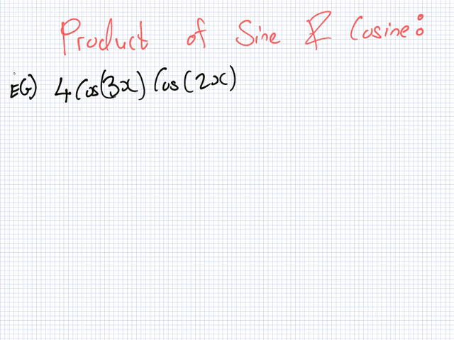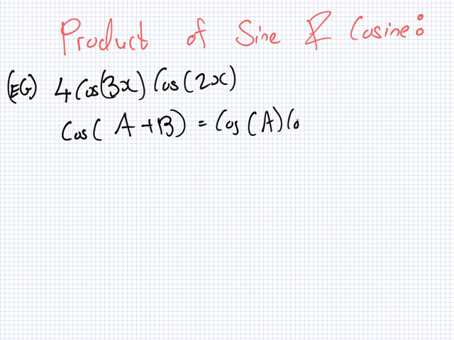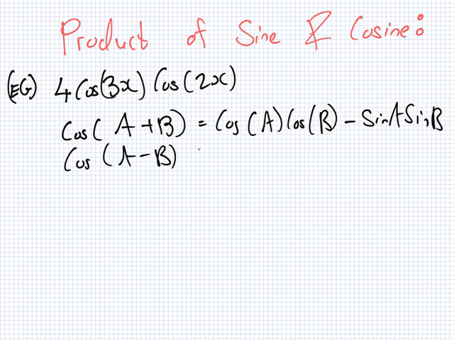We'll remember the rule: cos(A plus B) is cos A cos B minus sine A sine B, and the rule cos(A minus B) equals cos A cos B plus sine A sine B.